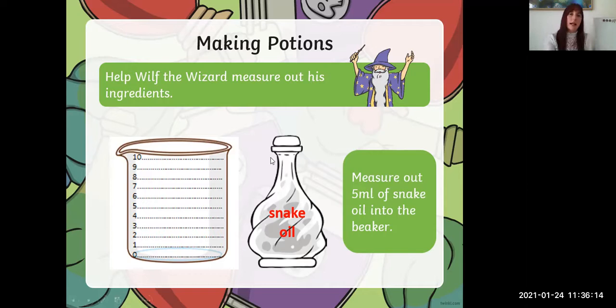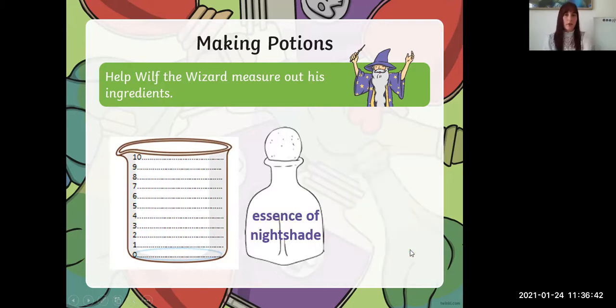So if we were to take our bottle of snake oil and pour it into the beaker, where would we need to stop when the liquid reaches which line, do you think, if it's 5 millilitres? We can draw it onto the beaker with a nice thick line. There we are, look, 5 millilitres of snake oil on the line next to the 5. Let's try another one.